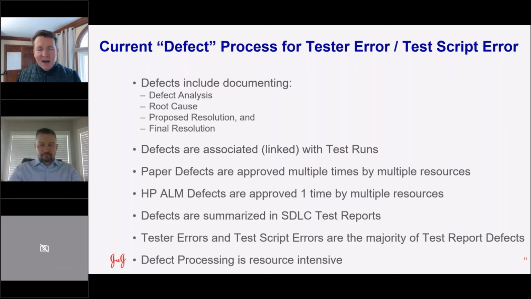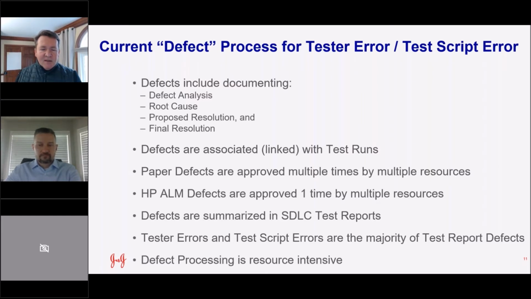So essentially it took time to actually route it and get people to review, approve, and concur. If using HPALM or a similar tool for tracking bugs and testing, then typically it was approved one time, but by multiple people. So still multiple people had to approve that.